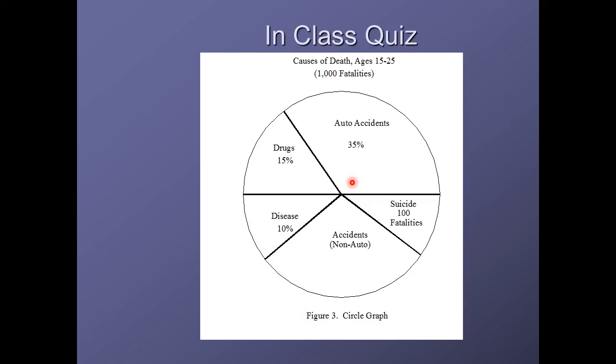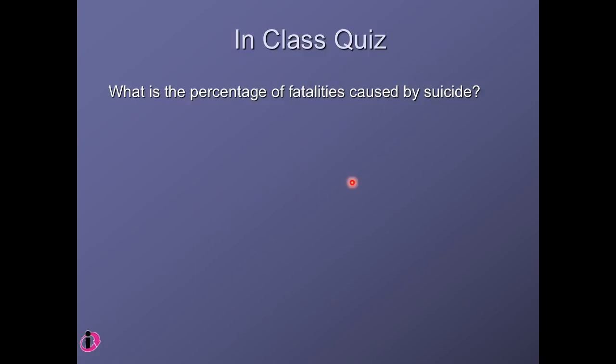If you have to find the portion, the formula was base times rate. So that means 1,000 times 0.35, because a percentage can be converted to a fraction. That will give you 350, right? So you will know that 350 people died by auto accidents, from this graph.